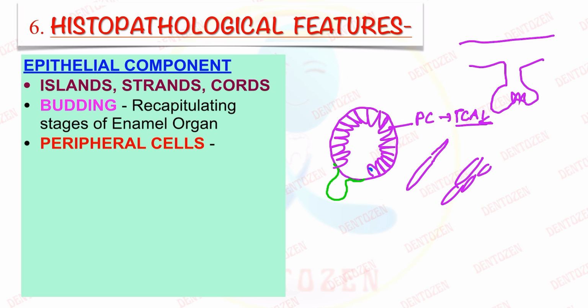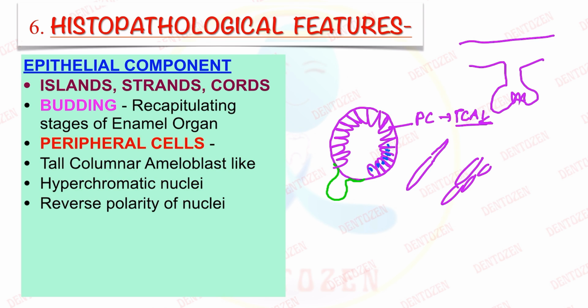Their nuclei are hyperchromatic, that is dark staining nuclei, and all these nuclei are placed away from the basement membrane, at the opposite pole. That is called reverse polarity. And the nuclei in the adjacent cells are at the same level, that is called the palisading pattern. And if we look at the central cells, they are loosely placed, polyhedral cells, and these cells resemble the stellate reticulum of the enamel organ.